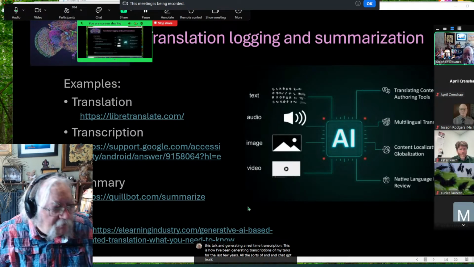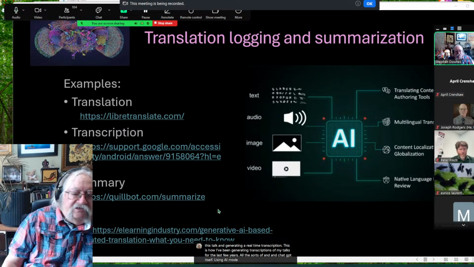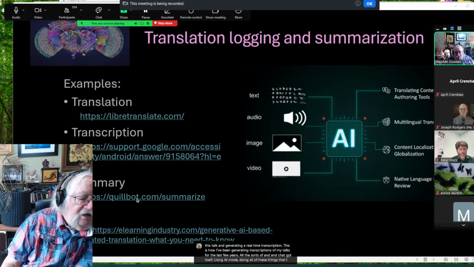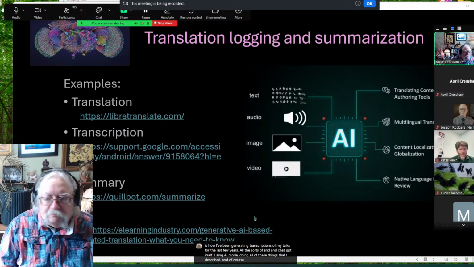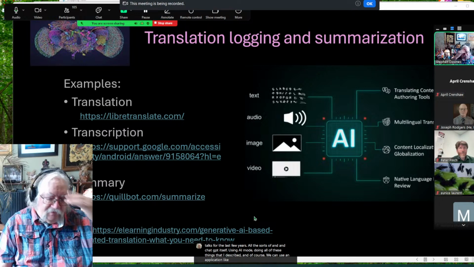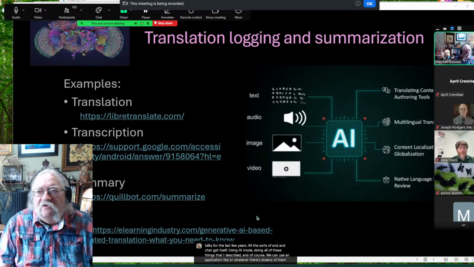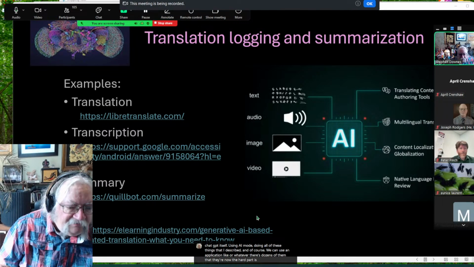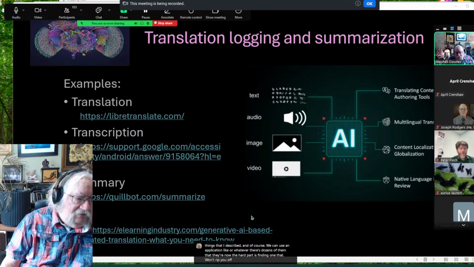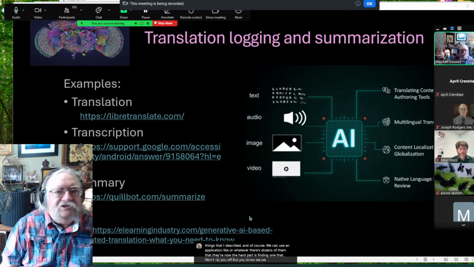is in AI mode doing all of these things that I described, and of course we can use an application like Quillbot or whatever. There's dozens of them out there now. The hard part is finding one that won't rip you off, but we can summarize texts, no problem.